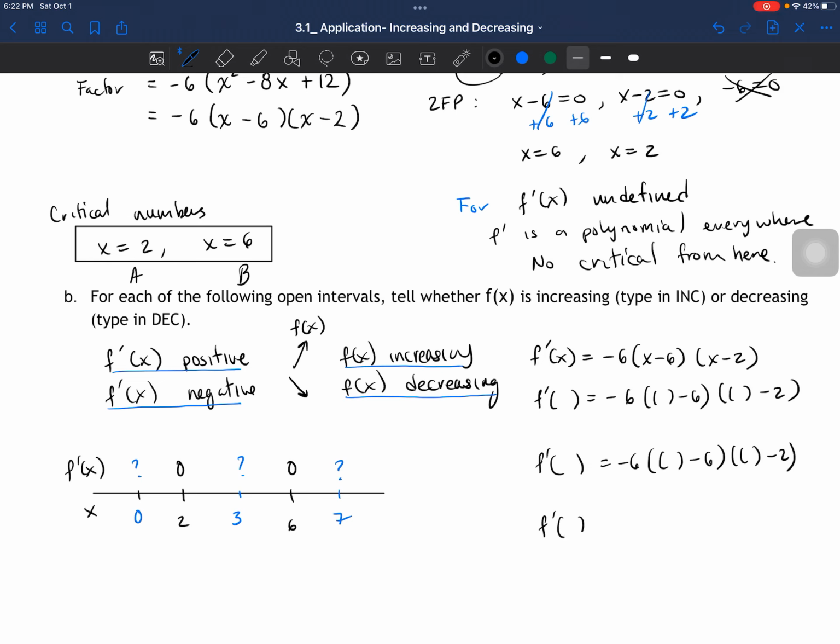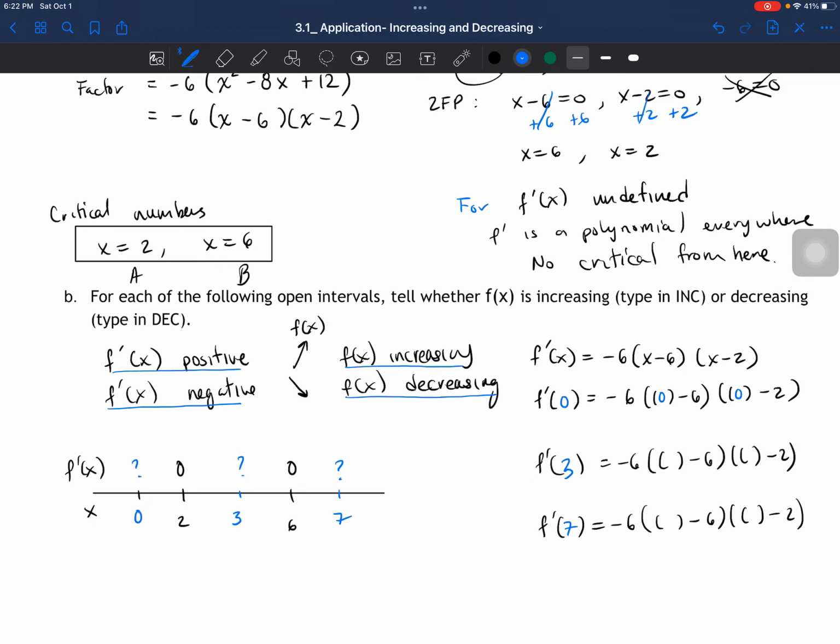Then we're going to plug in 3. And then we're going to plug in 7. So we're testing these numbers. And again, all we care is whether the derivative is positive or negative.